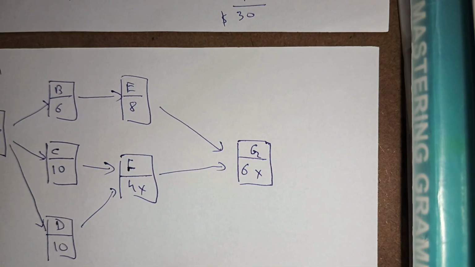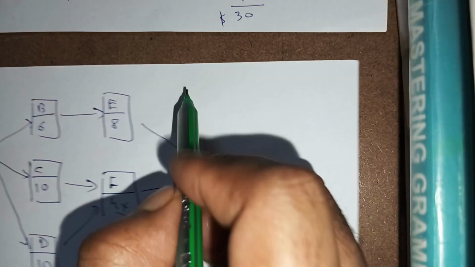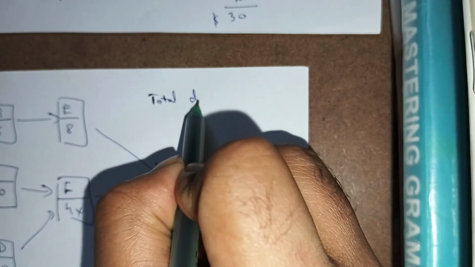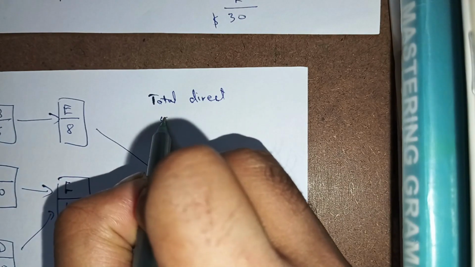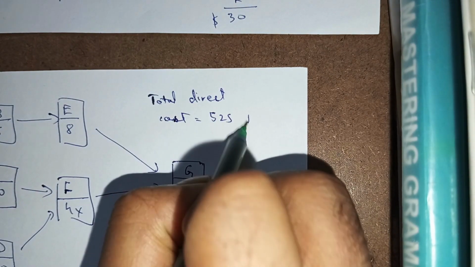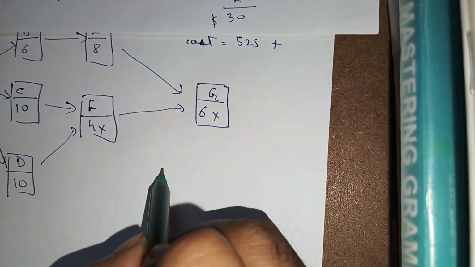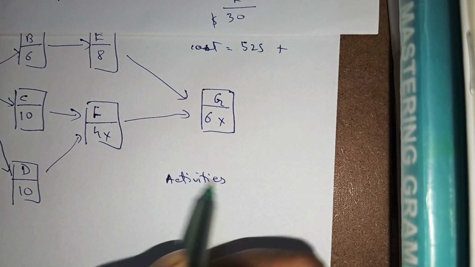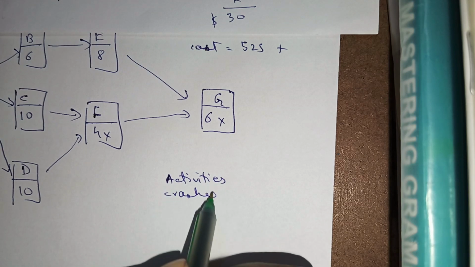Now, since all paths are the longest paths, again we will create the template. Total direct cost is equal to 525 plus something, and the activities crashed, we'll see.